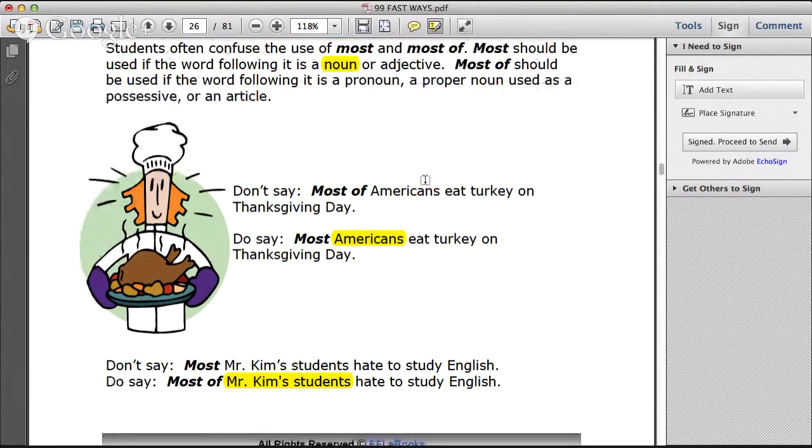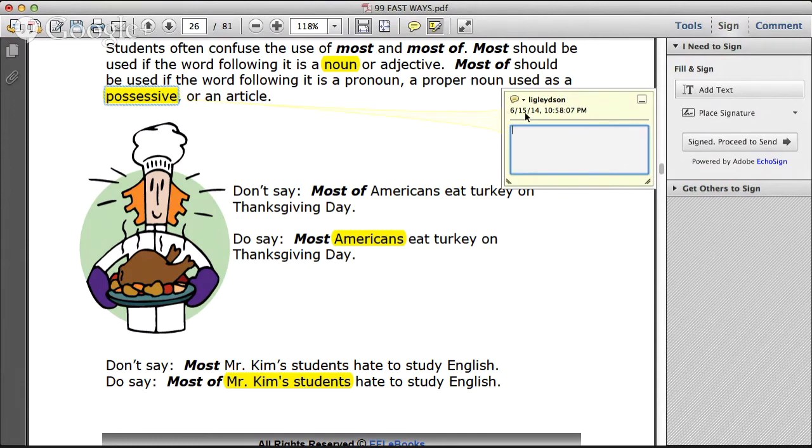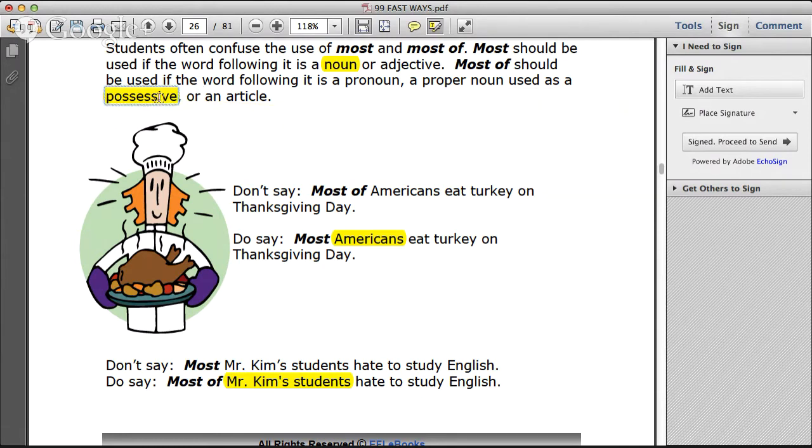We have a proper noun used as a possessive.